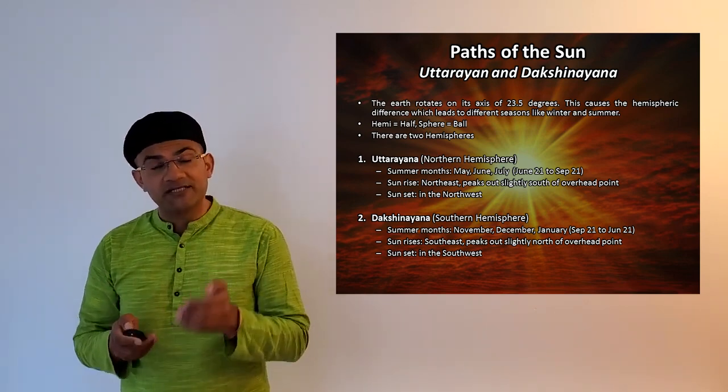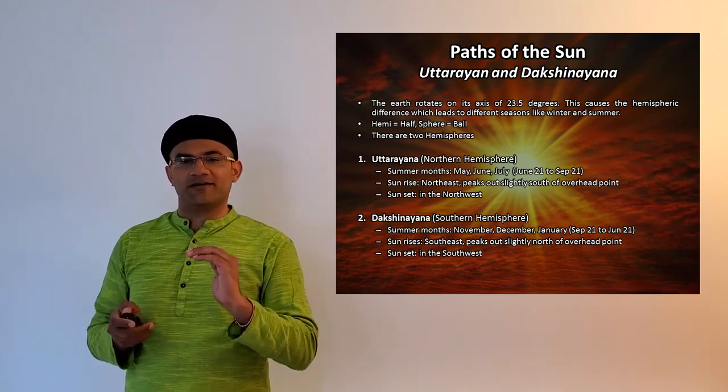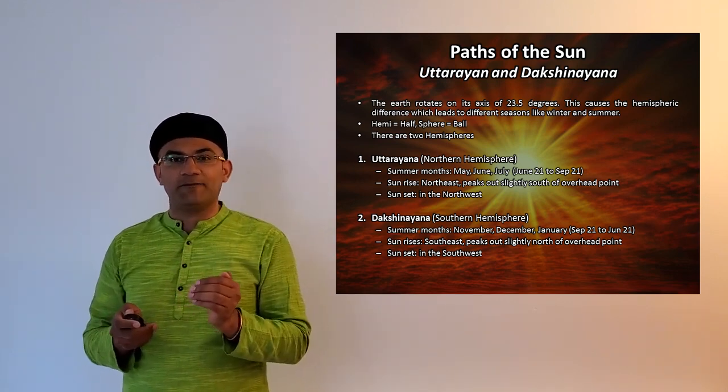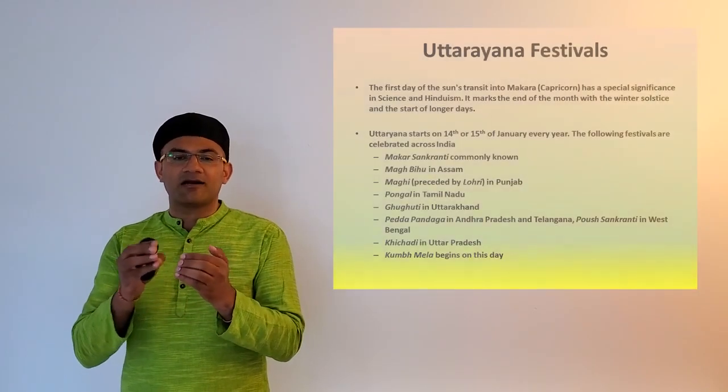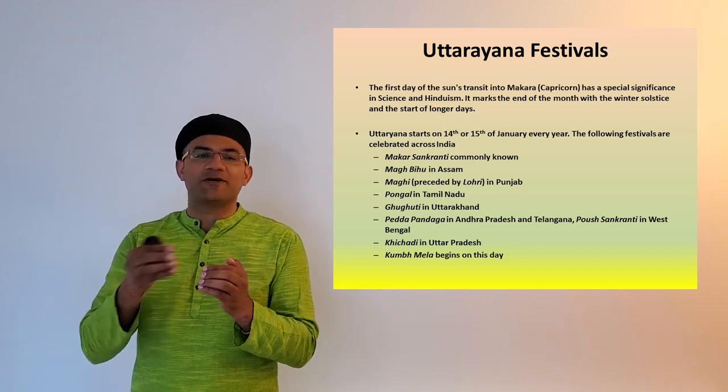Now, why are we mentioning this? Because whenever the sun comes into the Uttarayan, it becomes a very auspicious day for us. And most of the Hindu festivals are marked around those dates when the sun is moving from one hemisphere to another one.